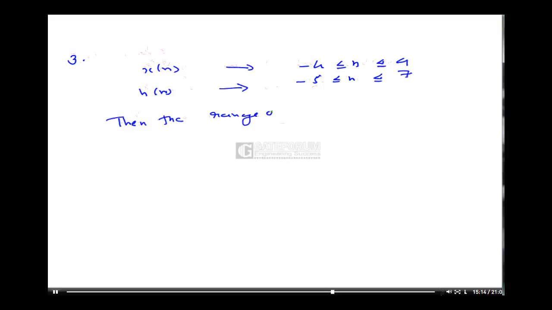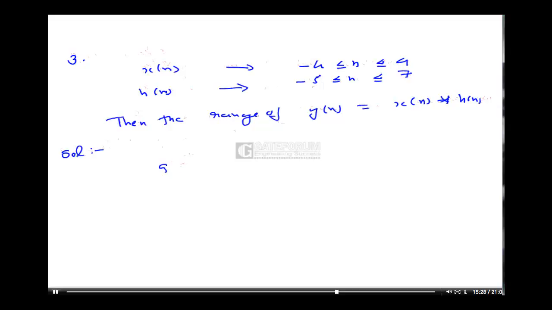Another problem based on convolution. If I have signal x[n] with duration minus 4 less than or equal to n less than or equal to 4, and system impulse response h[n] with duration minus 5 less than or equal to n less than or equal to 7, then the range of y[n], which is the convolution of x[n] with h[n], is the solution.